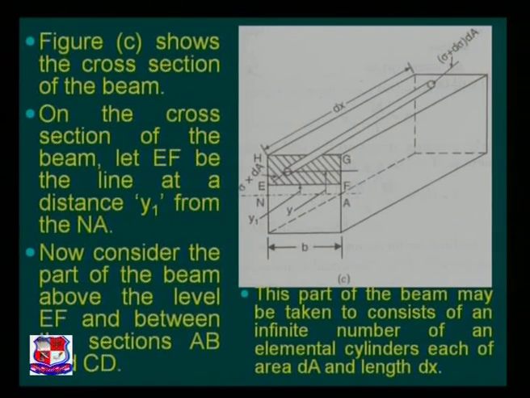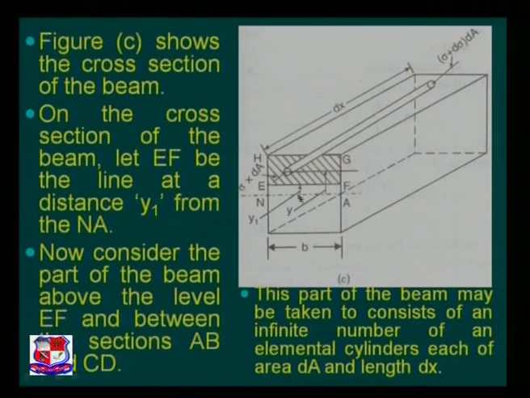Now, let us visualize figure C, which is detailed, showing the cross section of the beam. On the cross section of the beam, let EF be the line at a distance y1 from the neutral axis. Now, this is a 3D figure of a beam.